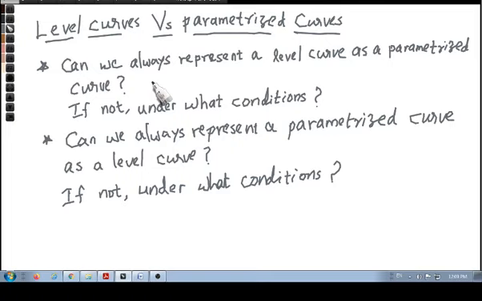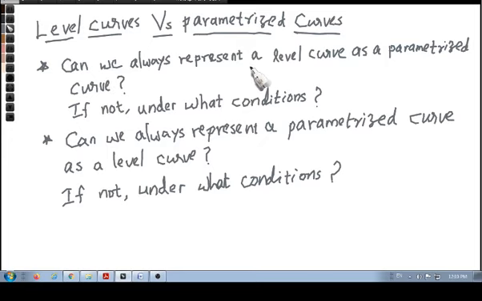So our question is, under what conditions can we express a level curve as a parameterized curve? Under what conditions can we express a parameterized curve as a level curve? So these are the questions we are going to address.